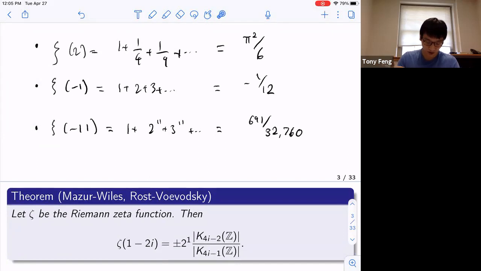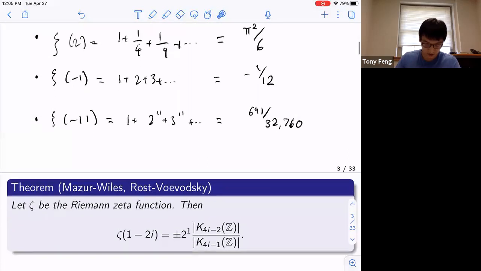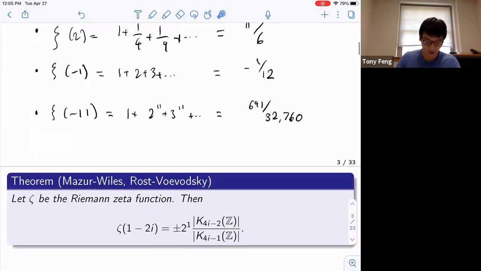And so in this case, these values of the Riemann zeta function at negative integers are counting the size of some algebraic K-groups. For example, here's a true statement, which is a combination of a theorem of Mazur-Wiles and a theorem of Rost-Voevodsky. It says that if I evaluate this Riemann zeta function at negative odd integers, I'm going to get, up to a sign and a power of 2, which is just 1 in this case, the ratio of sizes of algebraic K-groups. In particular, these are both finite numbers.